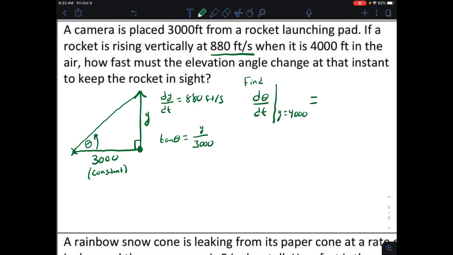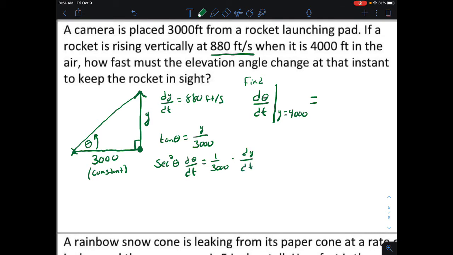I need to turn that into a rate, so I need to take the derivative of my expression with respect to time. The derivative of tangent is secant squared, so I get secant squared theta times d theta over dt equals, and then the derivative of y over 3,000 would be 1 over 3,000 times dy over dt.